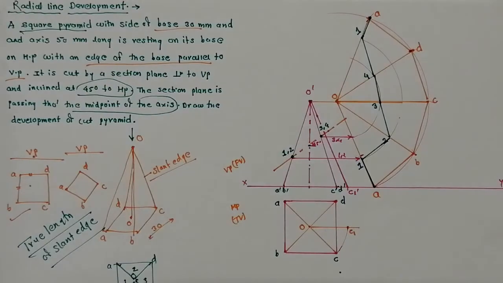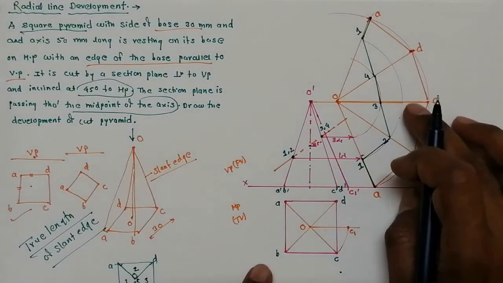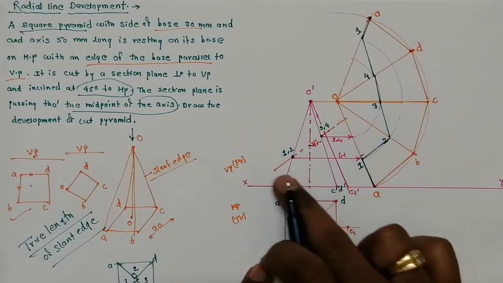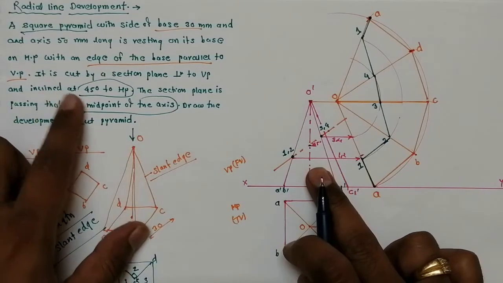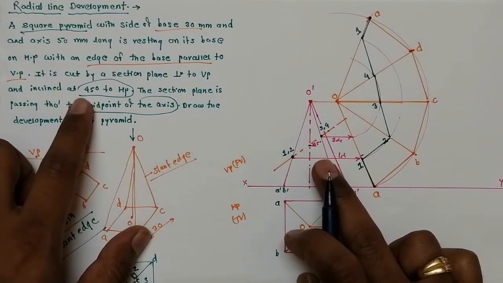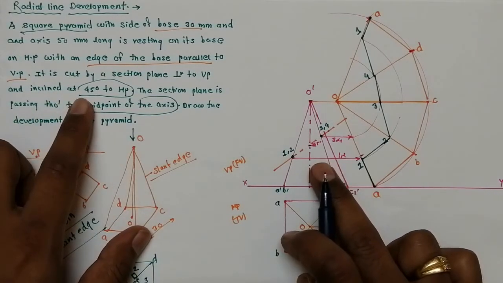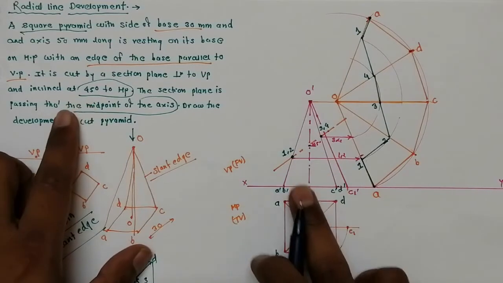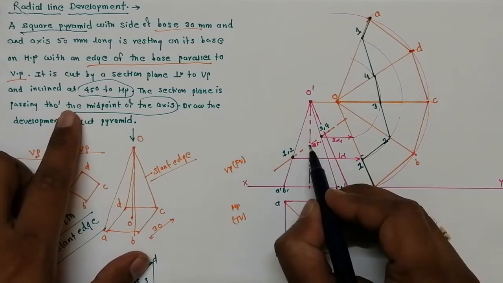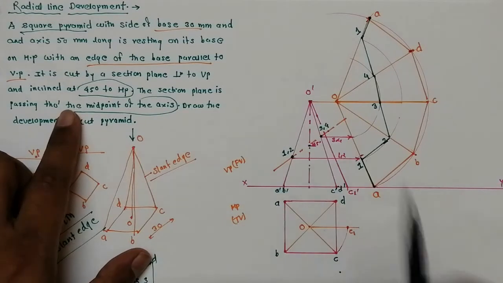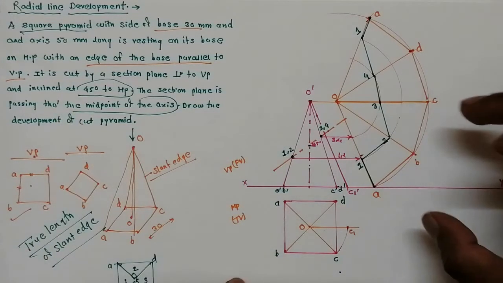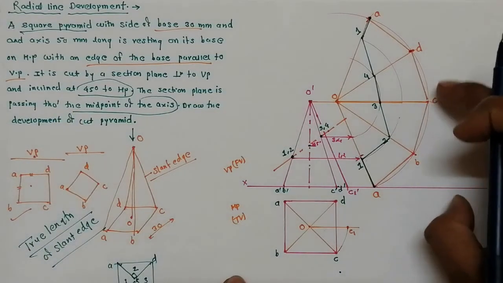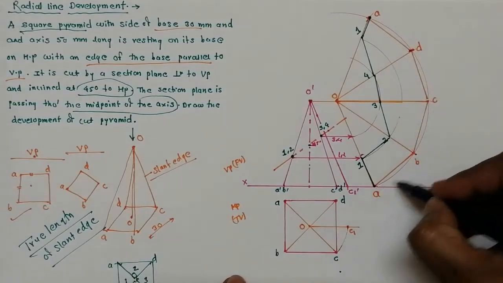So this is the development for the square pyramid, when the section plane cuts the square pyramid at an angle of 45 degree and the location is the midpoint of the axis. So construct the problem something like this. So this is the required development, which is here.